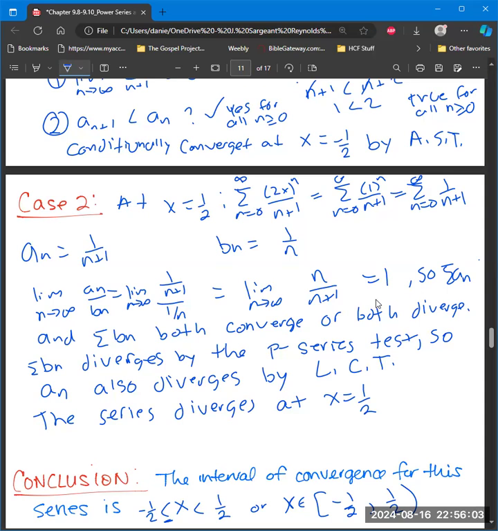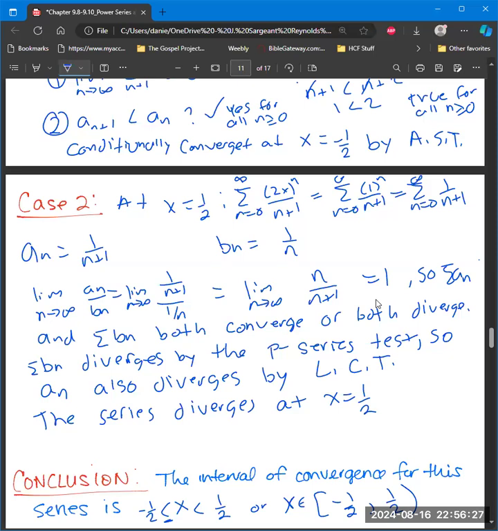So I'm going to choose bn to be 1 over n if my an is 1 over n plus 1. I'm going to take the limit as n goes to infinity of an over bn. And when I multiply by the reciprocal of the denominator, I get the limit as n goes to infinity of n over n plus 1. Degree of the top and degree of the bottom are the same, so ratio of the leading coefficients is going to be 1.